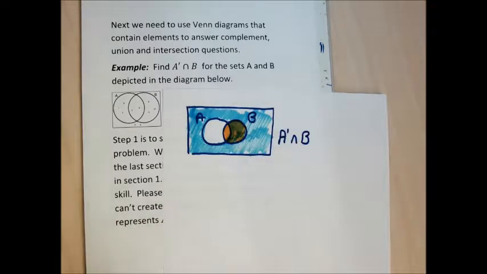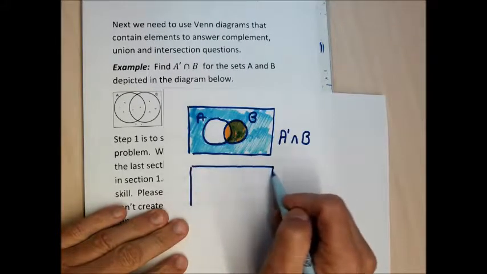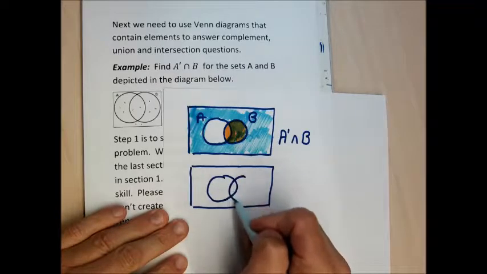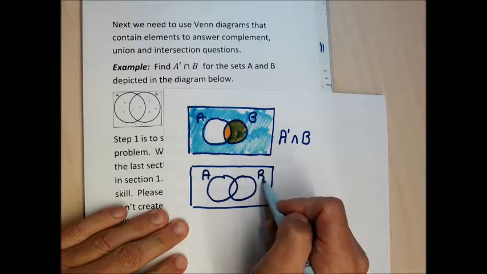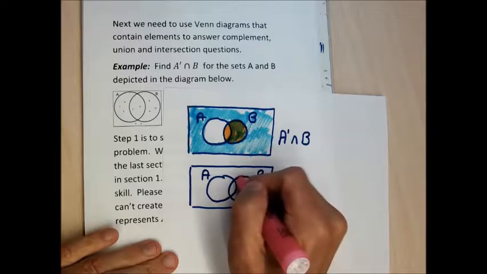A complement intersection B is represented by any of the regions where I have both colored shadings. So I have the A complement shaded, I have the B shaded, and the only region where I have both colored shadings seems to be right here.